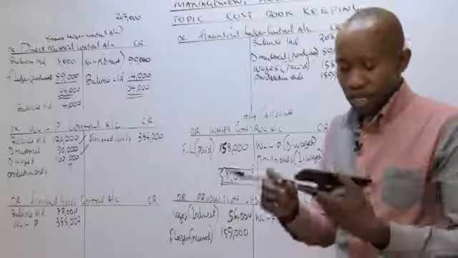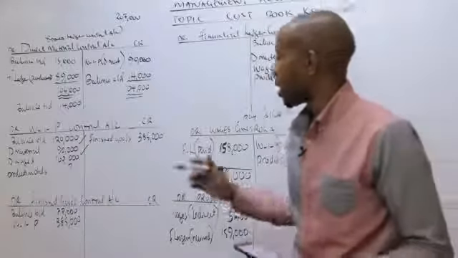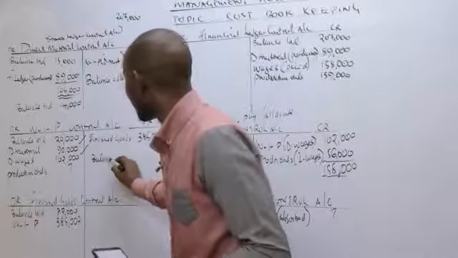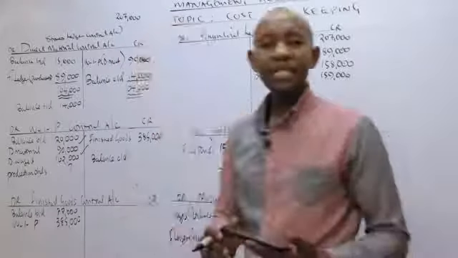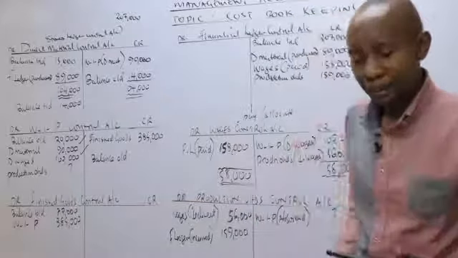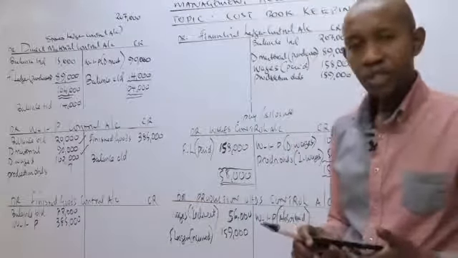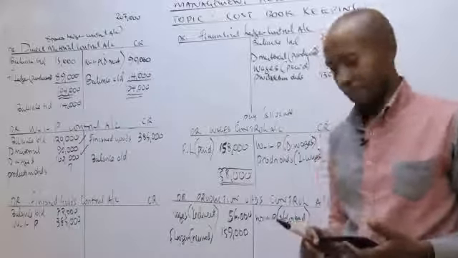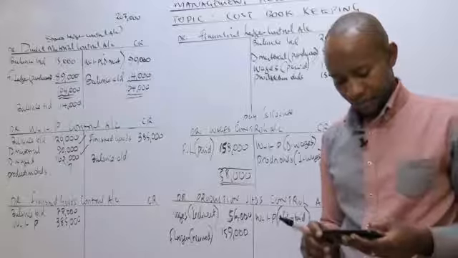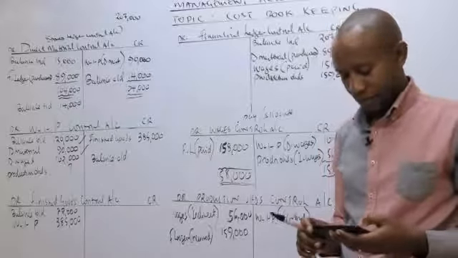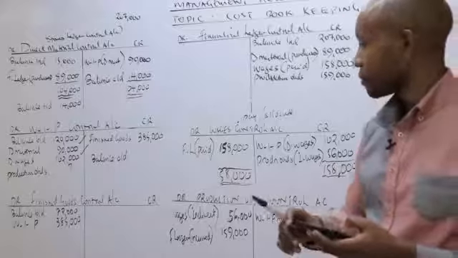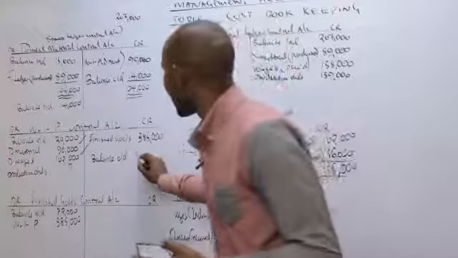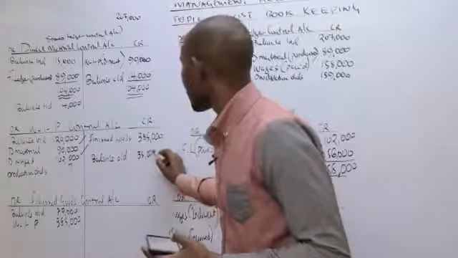Now, you've also been given the closing balance in that account. You've been told this account had a balance carried down. What was the balance carried down in this account? Look at note 3. What is the balance carried down? 135,000.